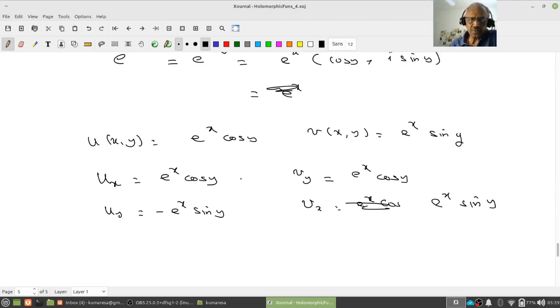Therefore ux equal to vy and uy equal to minus vx. So Cauchy Riemann equations are satisfied.